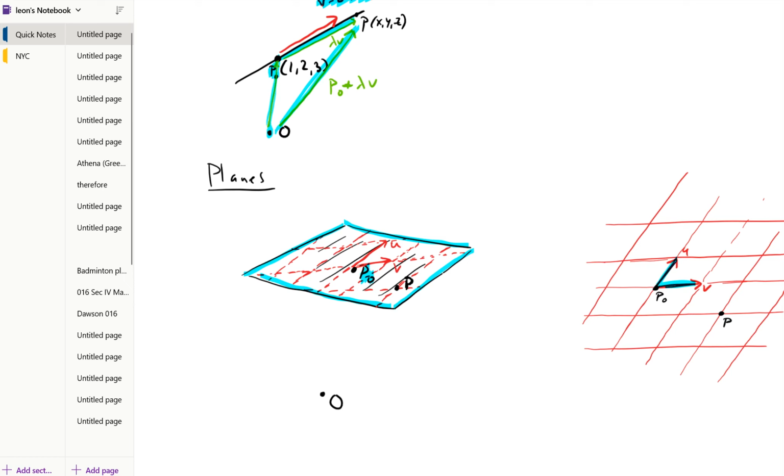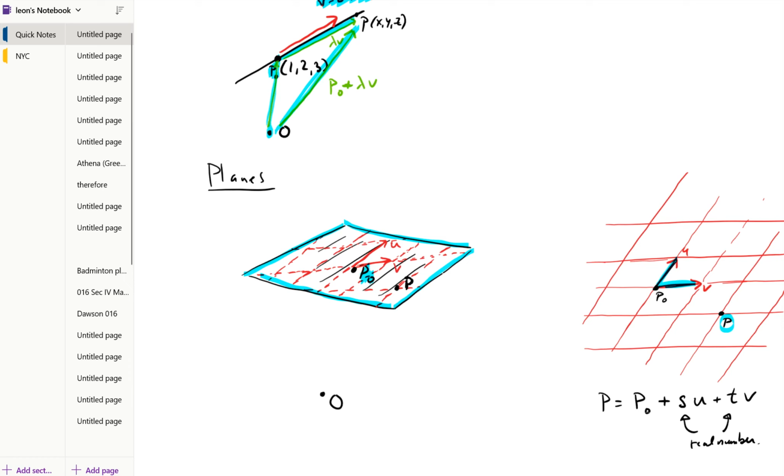To reach any other point on the plane, let's say point P, I'd have to move on the mesh created by the two vectors, u and v. So to get to a point P, which would be here in this case, I would start at p0, and then I would add some linear combination of u and v. So those are scalars or real numbers.